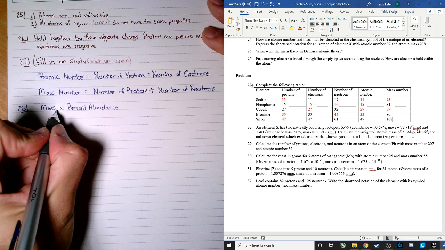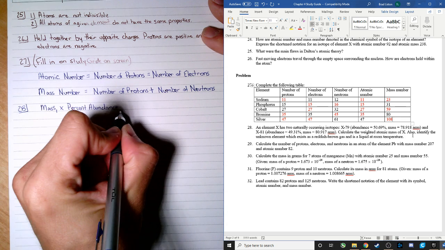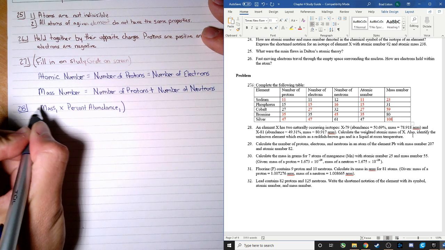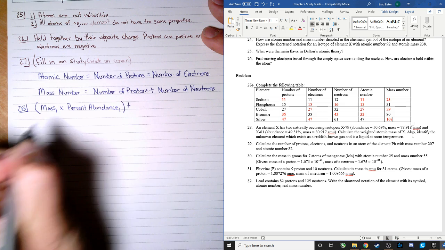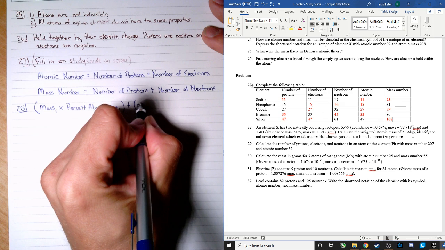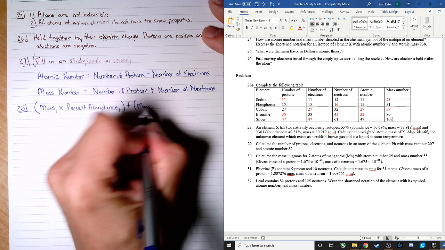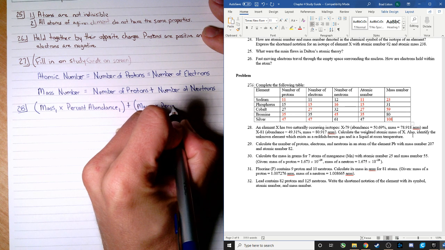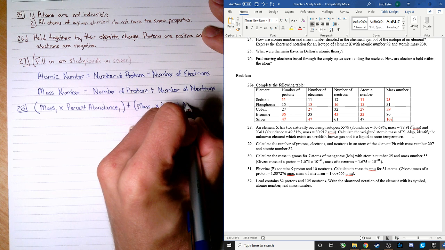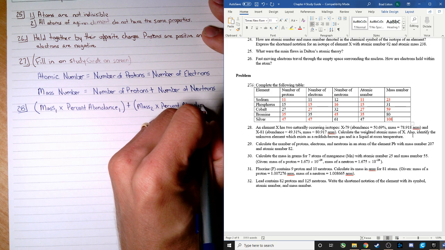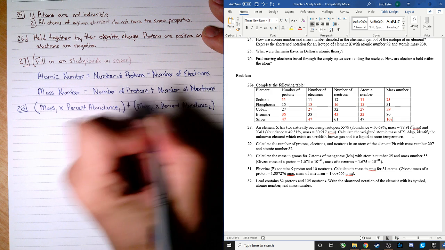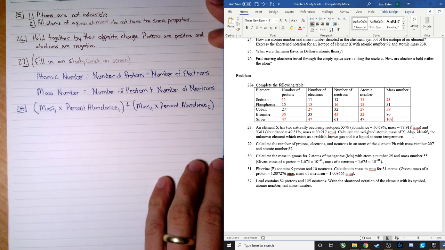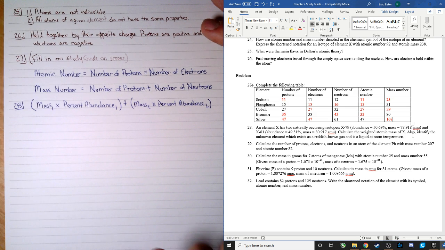So this would be mass of 1 times percent abundance of 1, plus mass of 2 times percent abundance of 2. This is just kind of a generalization.